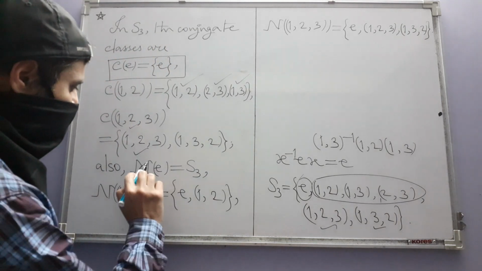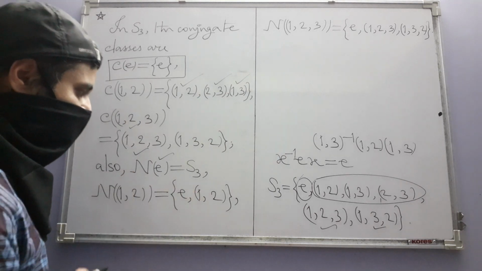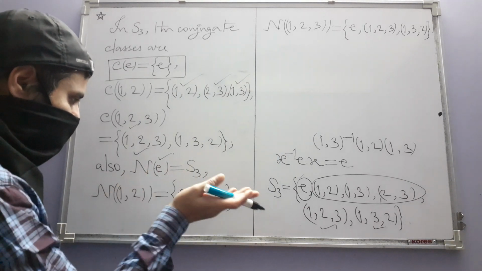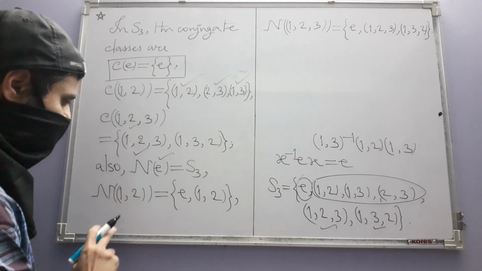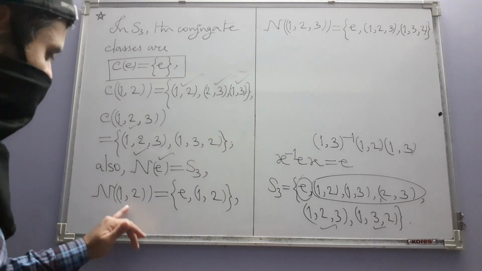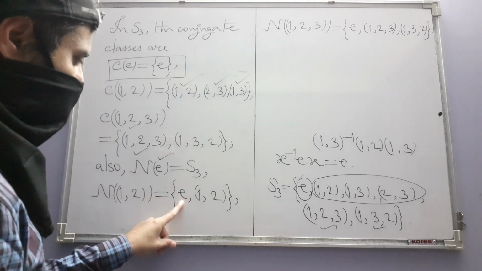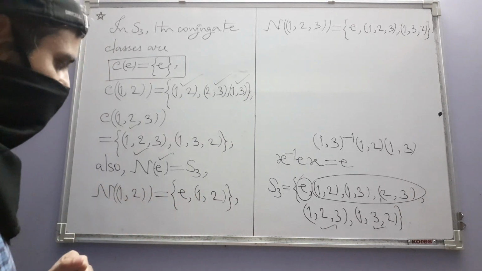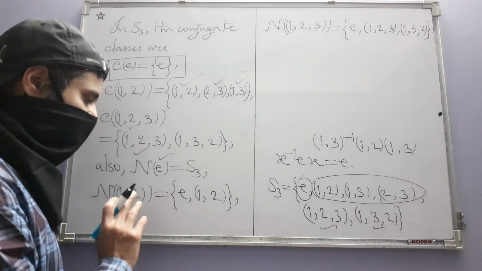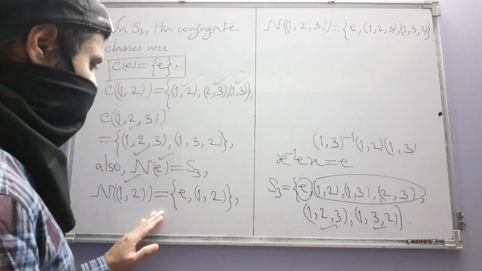And now when you calculate the normalizers, the normalizer of E is S3. I have already just now said why, because every element of S3 commutes with E. The normalizer of (1 2) is definitely going to have E and (1 2) because both of them commute with (1 2). But you also keep in mind that any normalizer is a subgroup.